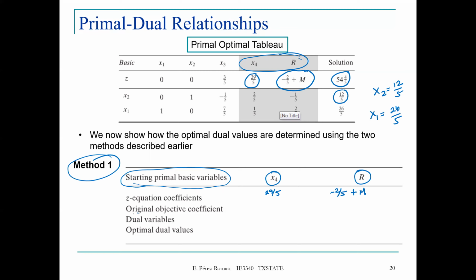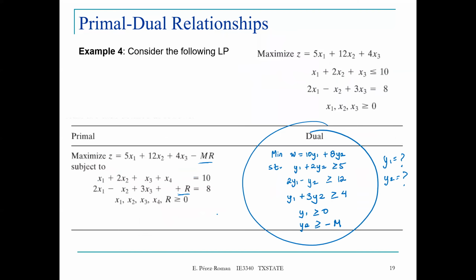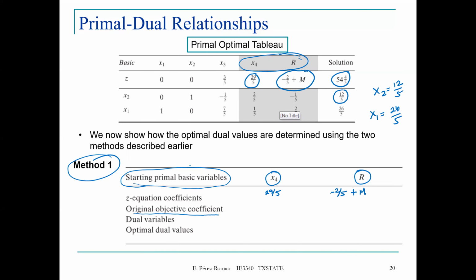We also need the original objective coefficient for this problem. So if we go back to the original problem, what were the coefficients for x4? So x4 is not showing up in the objective function. So the original coefficient for x4 will be 0.